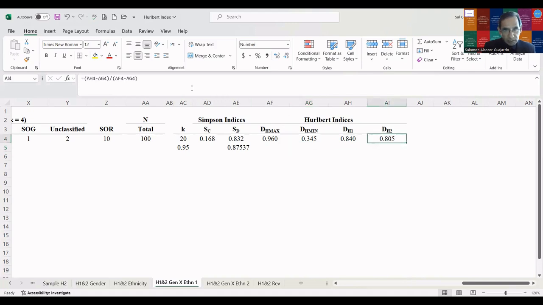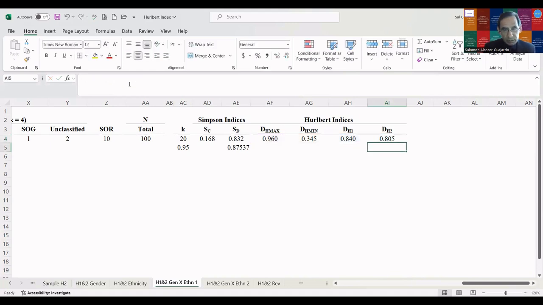So in order to calculate the relative diversity score for ethnicity and gender, again, that's going to be the Hurlbert diversity score of 0.840 minus 0.345 divided by the maximum score, 0.960, minus the minimum score, 0.345.